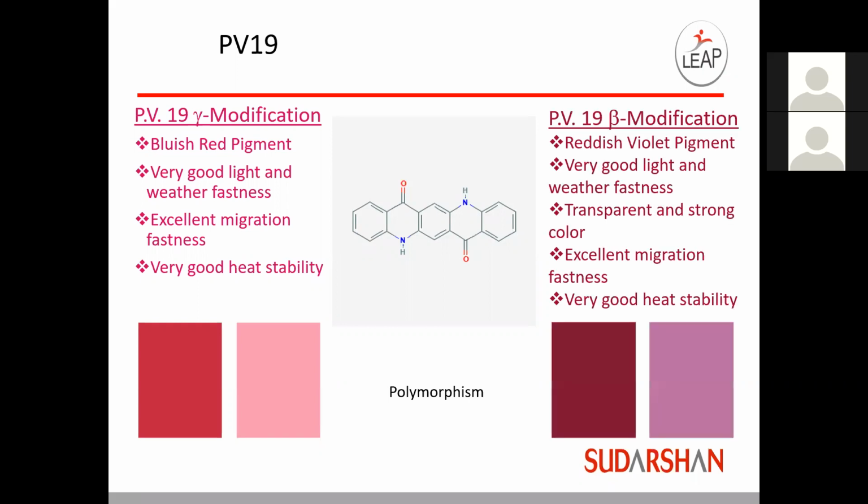The other one that we talked about is the beta modification, and in this particular case, the combination of the molecules to form the crystal results in that very blue shade red to near violet. And that's especially noticeable when you bring it to the tint tone shades, where you can see the more yellow and the more blue shading of these two different crystals.